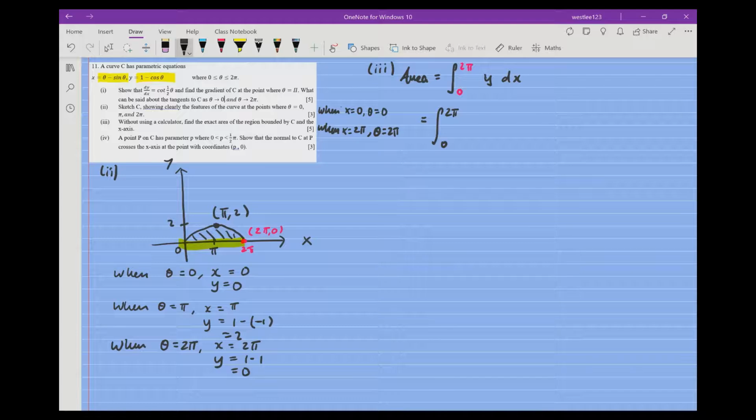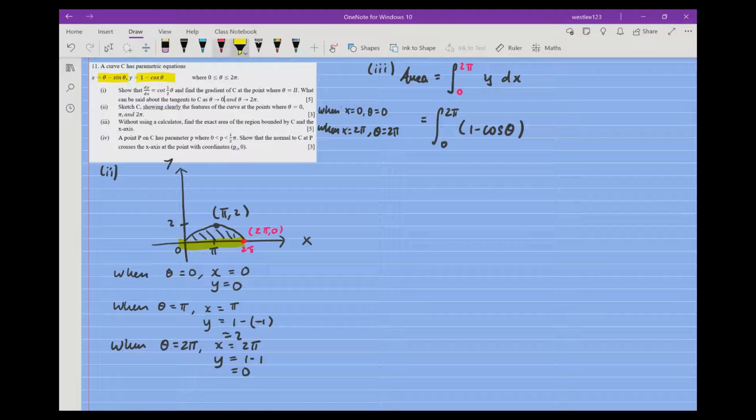Okay, then y equals 1 minus cosine theta. Okay, no problem. Change the y to 1 minus cosine theta. So up until this point, I have changed the lower and upper limit from x to theta. I have changed y to become 1 minus cosine theta based on the equation. The last thing I need to change is dx.